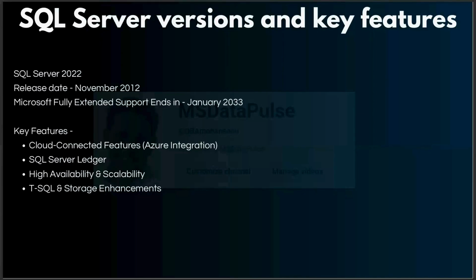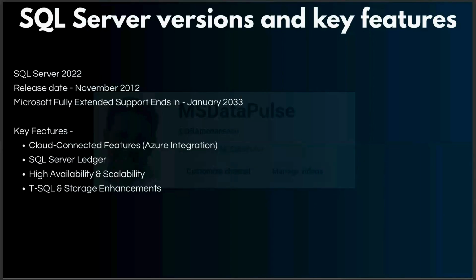Next is high availability and scalability. 2022 introduced contained availability groups. Traditionally, logins, jobs, and linked servers were stored in the master or the MSDB databases, making failovers very tricky. Now, these objects can be contained within the availability group itself, so they automatically follow the database to the new server.